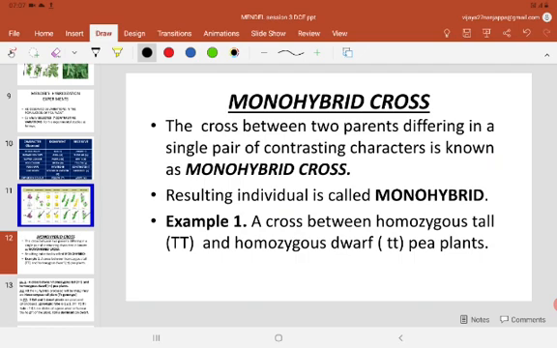Example, a cross between a homozygous tall pea plant, represented by genotype T, and a homozygous dwarf pea plant, genotype small t. A cross is carried out between a homozygous tall pea plant and a homozygous dwarf pea plant, genotype being T and small t for the dwarf plant.